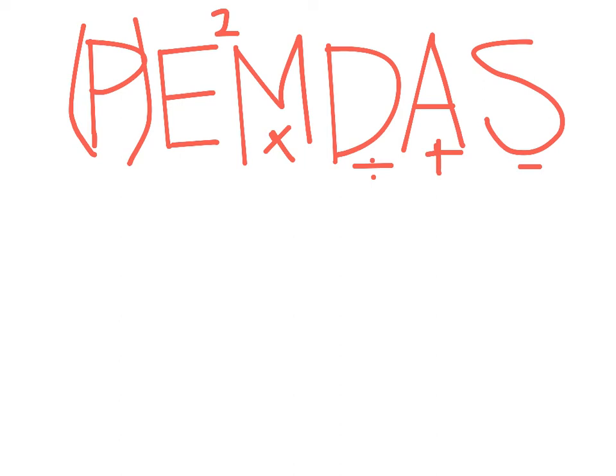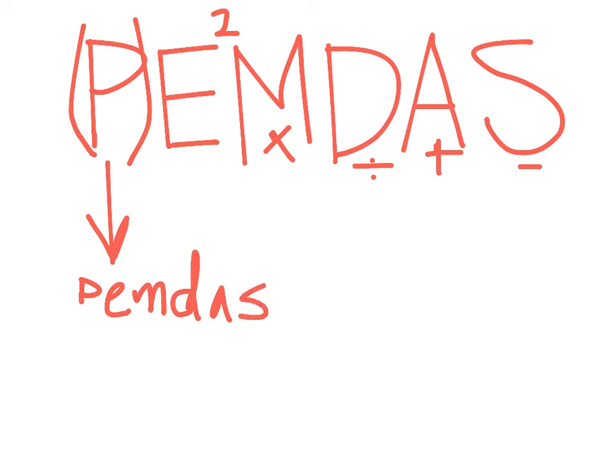We do parentheses first, and then what's neat to know about this is in parentheses, you have to follow PEMDAS inside the parentheses. So it's all included when you do P. So you can run all the way through PEMDAS before you even get to E, and then the MDAS for the rest of the problem.